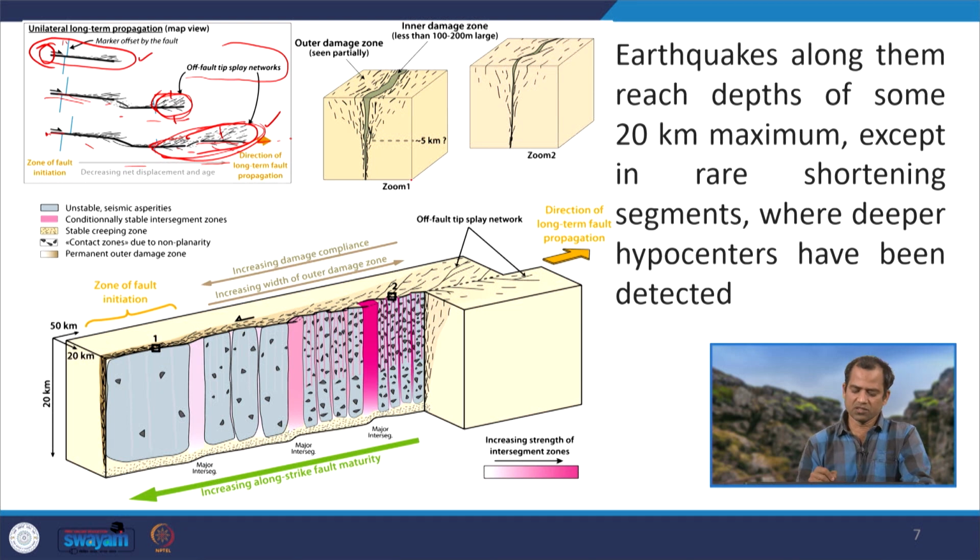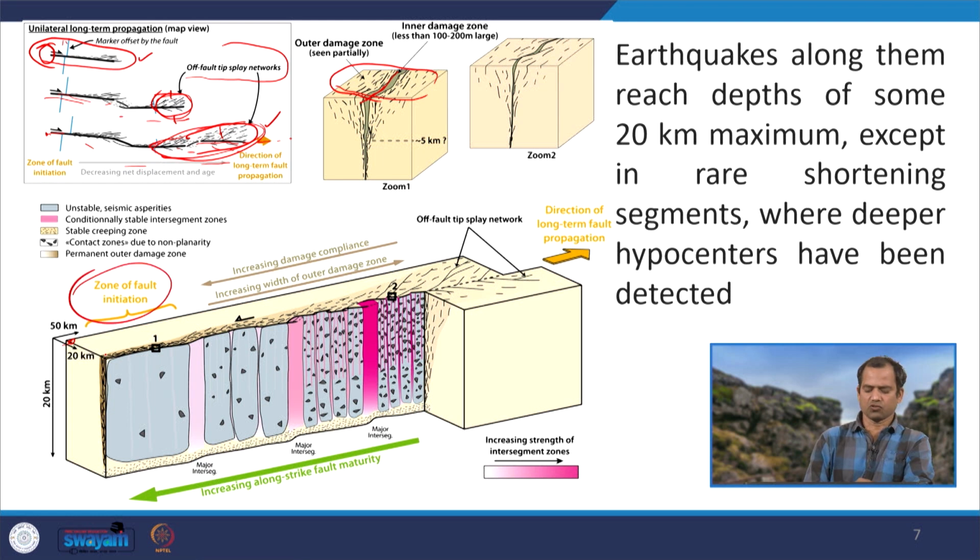And if you see this zoomed version, we have an inner damage zone and an outer damage zone. So, the more the fault propagates, the width of the outer damage zone increases. And here the fault was initiated from this point, so this is the fault initiation zone, and gradually the width of the damage zone is increasing.